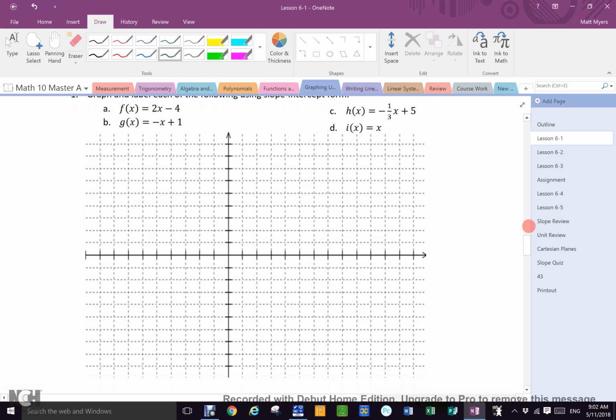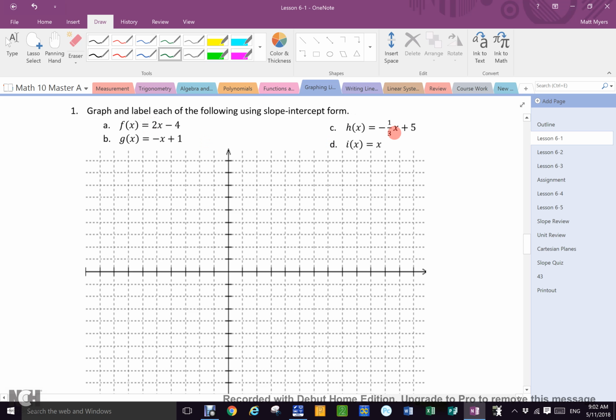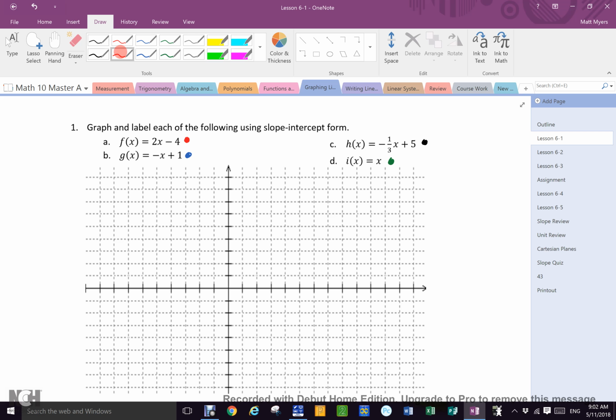On this page, you are going to use these four, and I'm going to use four different colors. You guys are probably not carrying four different colors. That's fine. Slope-intercept form, put these on this graph. I'm going to do the first one with you, which I'm going to do in red.